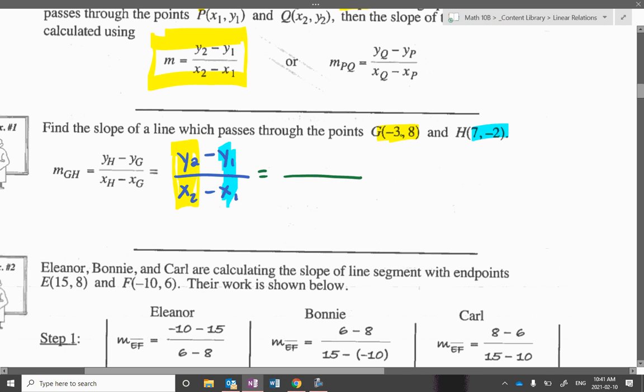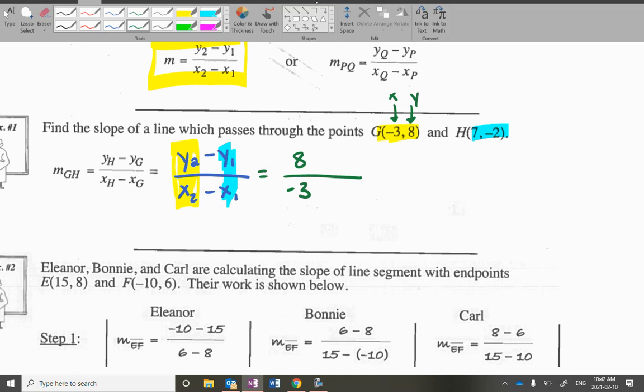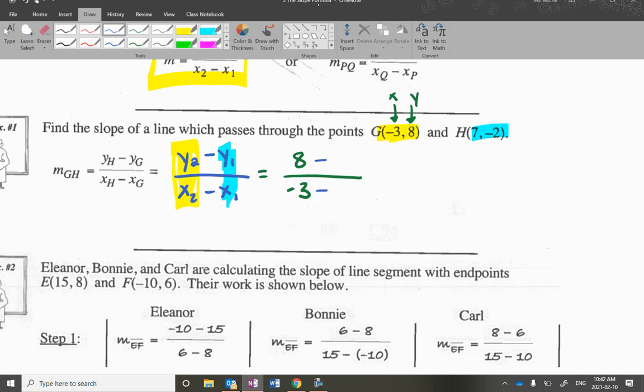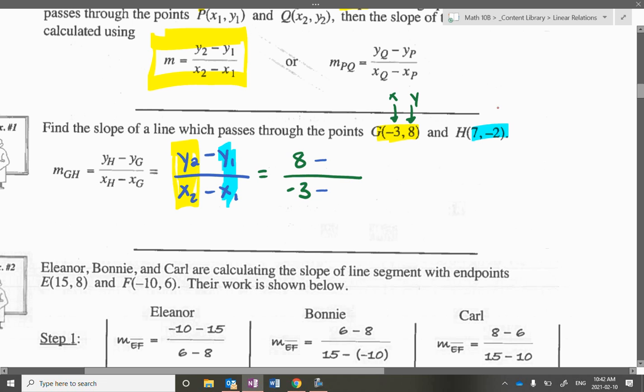So for example, if I'm using G as my first one, 8 represents my y value, -3 represents my x value. So I'm going to put 8 here, -3 here. We are going to have lots of integers at play, so be careful with negatives. Then my second set of coordinates are -2 for my y and 7 for my x. So then I have -2 and 7.